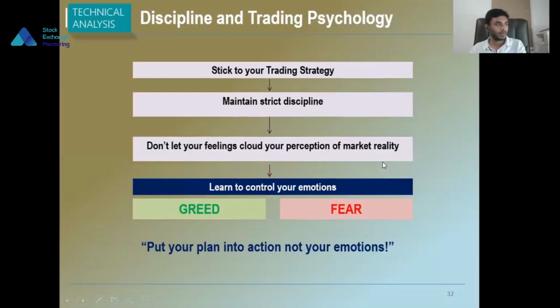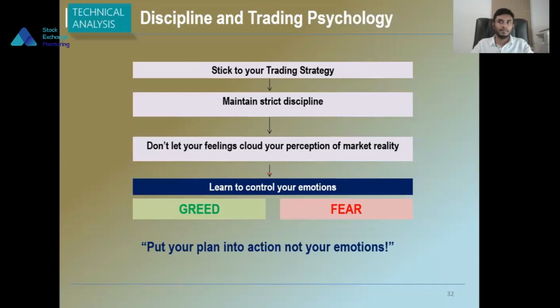Okay. So simply, if I can put this idea: how to be a disciplined trader? Stick to your trading strategy. You have to develop your trading strategy, plan it and structure it initially, then maintain strict discipline to hold on to that strategy. Don't let your feelings cloud your perception of the market. Sometimes when you approach the market with this strategy, you see it is so excited, going in a very bullish or bearish way.